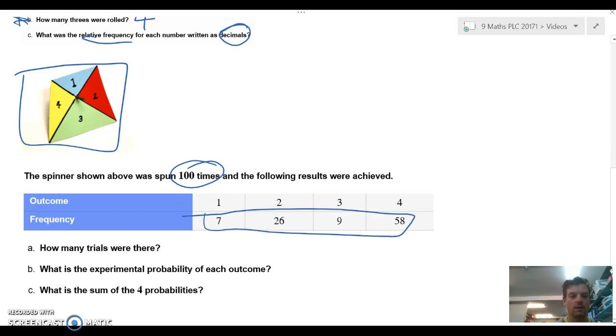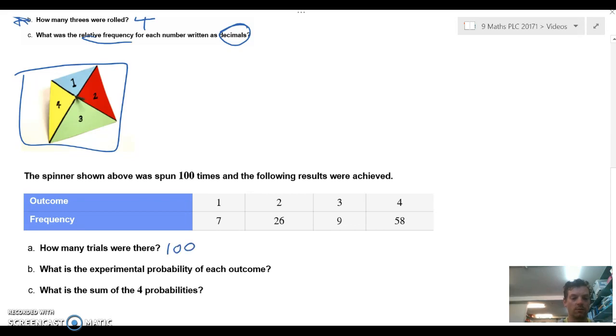Out of the 100 spins, 7 of them ended up being a 1, 26 of them ended up being 2, etc. Let's work through the questions as they are. How many trials were there? We're told it's 100, and if we added up these frequency numbers, they would also sum to 100.